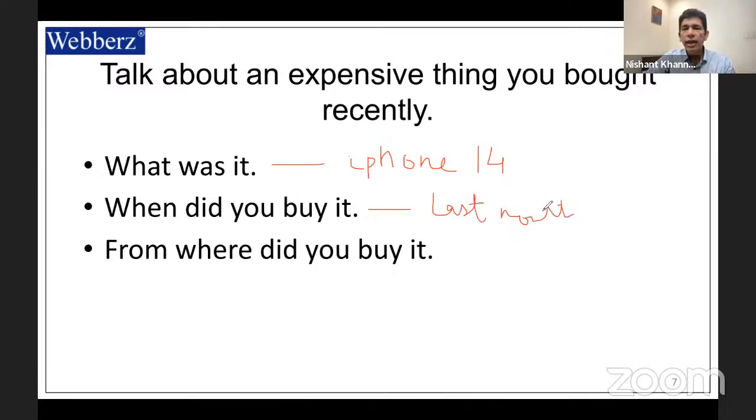You can say I bought it from some Apple store, if you have an Apple store in your city, or you can say an Apple retailer or reseller. So you bought it from an Apple store.